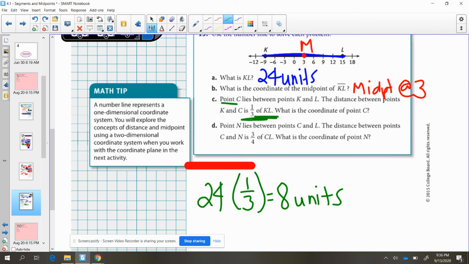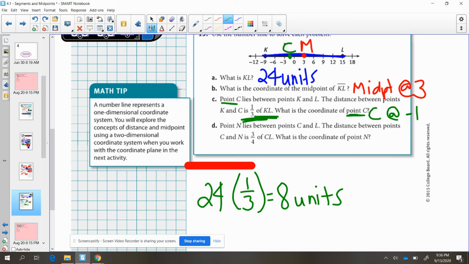So if we want to place point C, we need to move 8 units from K, so we would be here at -1. So for part D, C is located at -1.